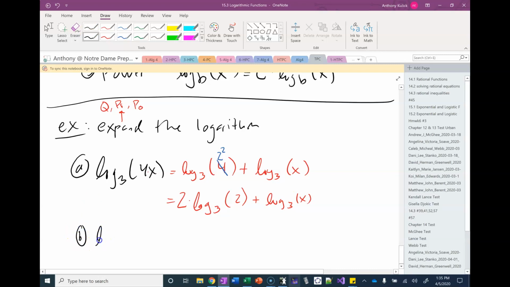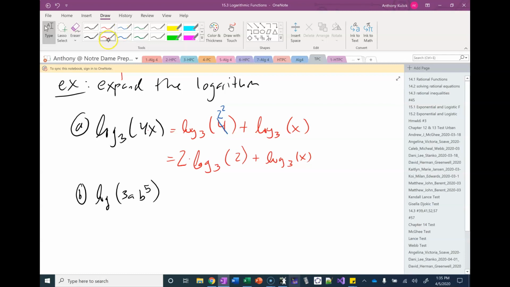Let's do another. So here we have log of 3ab to the 5th. So again, the first thing we look for is division. Now there's no division going on. So the next thing we'd look for is product property. I notice that there's 2 multiplications going on, so we have 2 product properties.